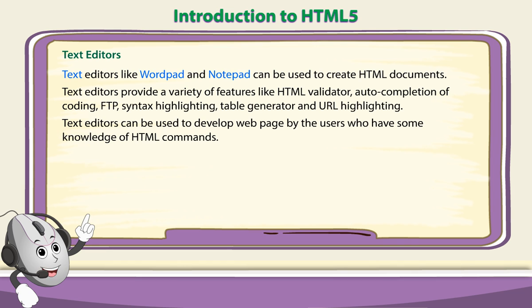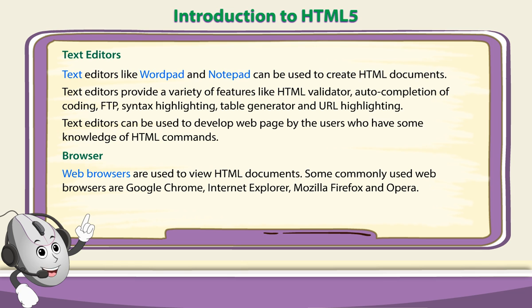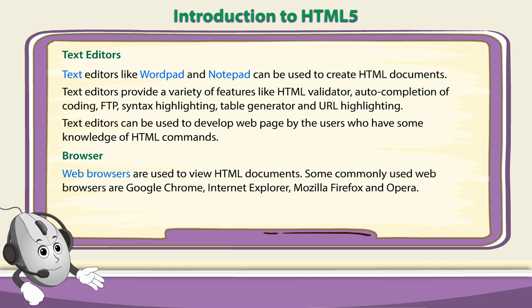Text editors can be used to develop web pages by users who have some knowledge of HTML commands. Browser. Web browsers are used to view HTML documents. Some commonly used web browsers are Google Chrome, Internet Explorer, Mozilla Firefox, and Opera.